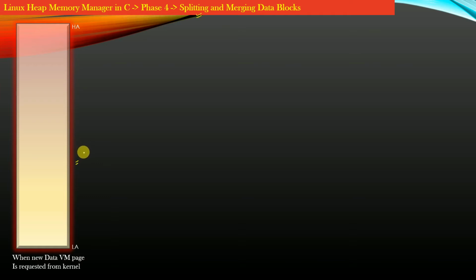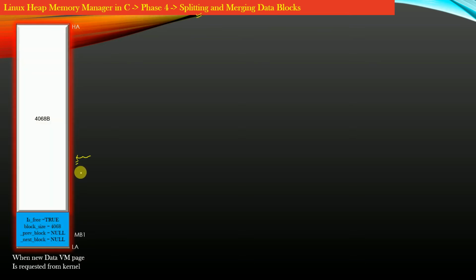We already know that every data block is guarded by its meta block. Therefore, as soon as our Linux Memory Manager requests a fresh virtual memory page from the kernel, it is going to treat this new virtual memory page as a free data block, right?